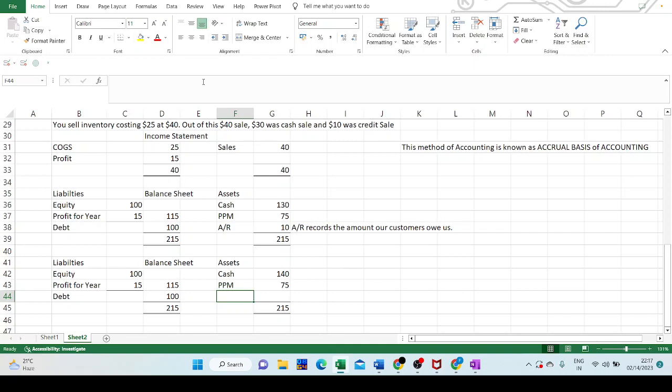He's paid us whatever he owed us. So we won't report accounts receivable anymore. So my balance sheet has again tallied. Here I'll write this: our customer repays us $10. Okay.